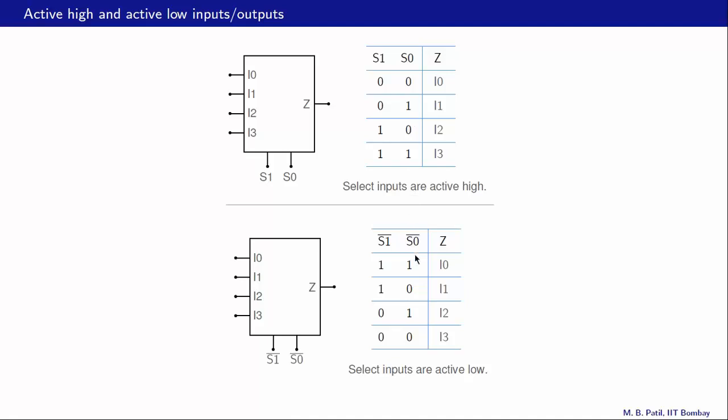If S0 bar is 1, then that corresponds to S0 equal to 0 in this table. So in other words, this second table is obtained from the first table by simply inverting all of these entries. So that is how this active high and active low terminology works.